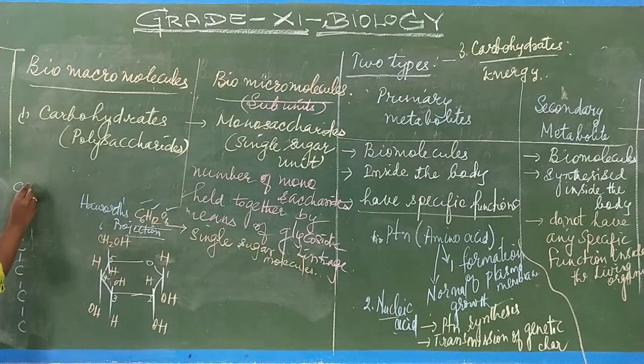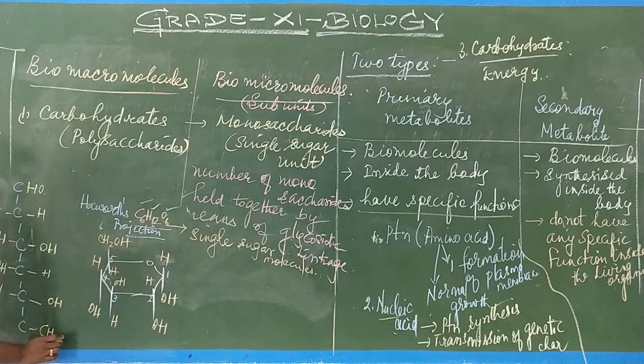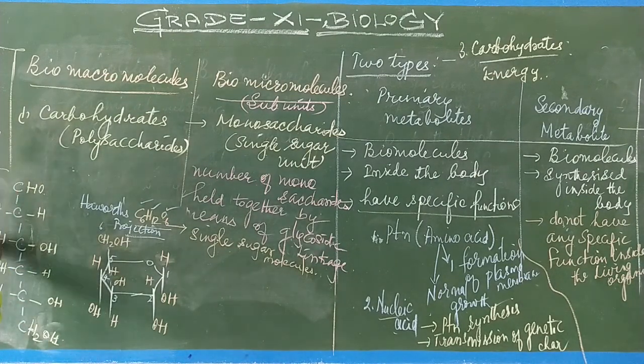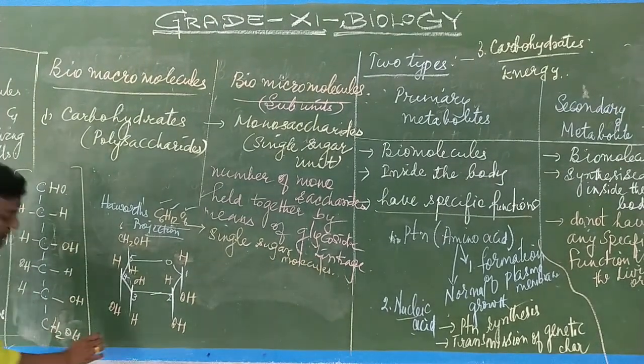The first carbon will have the CHO group, next H, OH, OH, the alternate opposite, same as I have written here: H, here OH, here OH, here H, and here CH2OH. So 1, 2, 3, 4, 5, 6 carbons. In the structure I have drawn, this is the Haworth projection. This is called a monosaccharide.